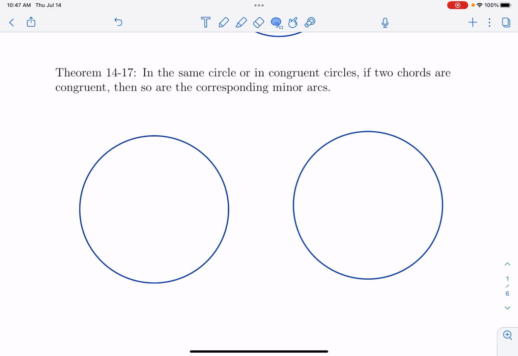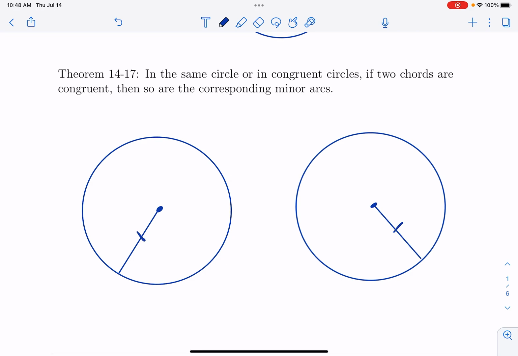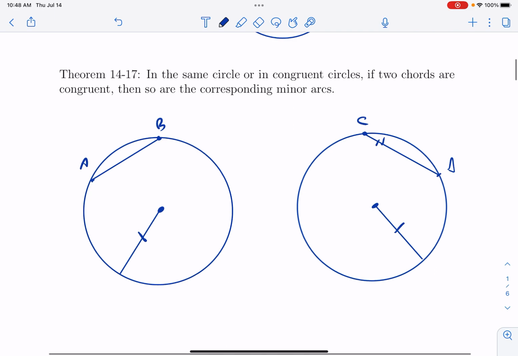I'll draw a radius like so, and a radius like so, and those are congruent. And this is saying if two chords are congruent, so maybe I have a chord AB, and a chord CD, and we're saying that those are congruent.